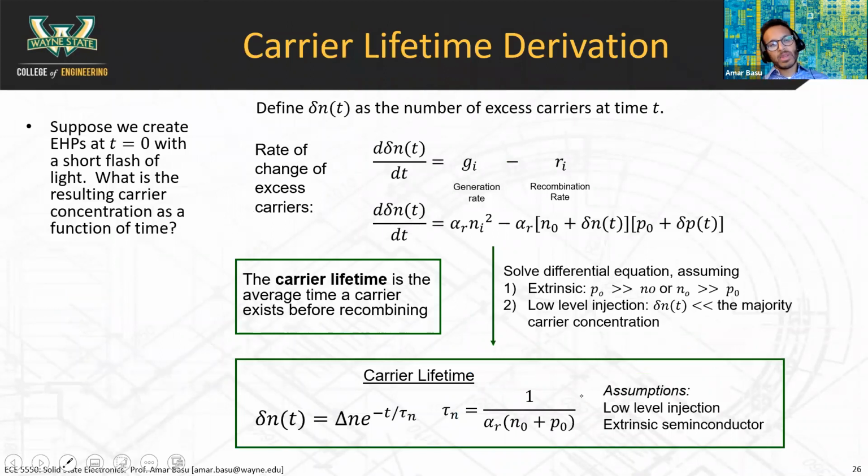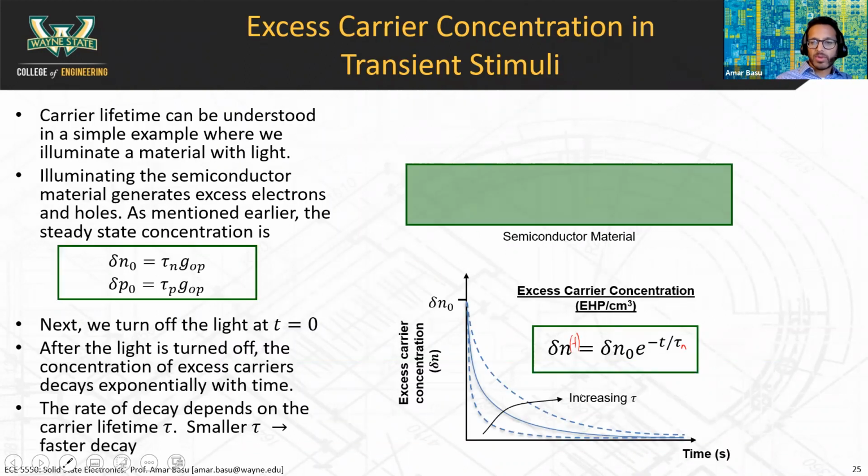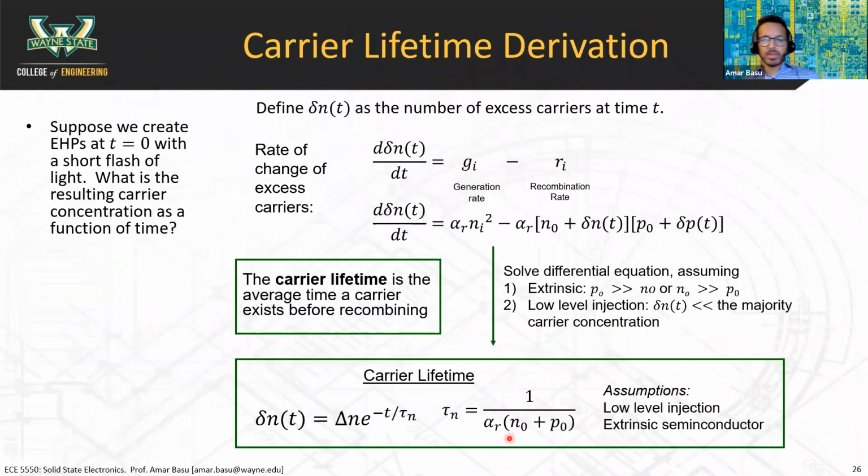So, if we were to derive a relationship for what the carrier lifetime is, can we actually derive a relationship for that from some physical principles? That's what this slide is about. Okay.